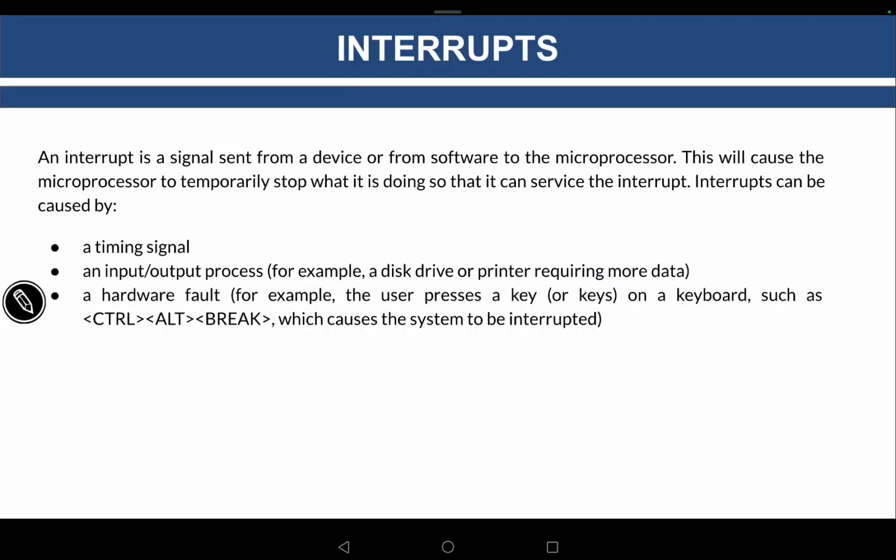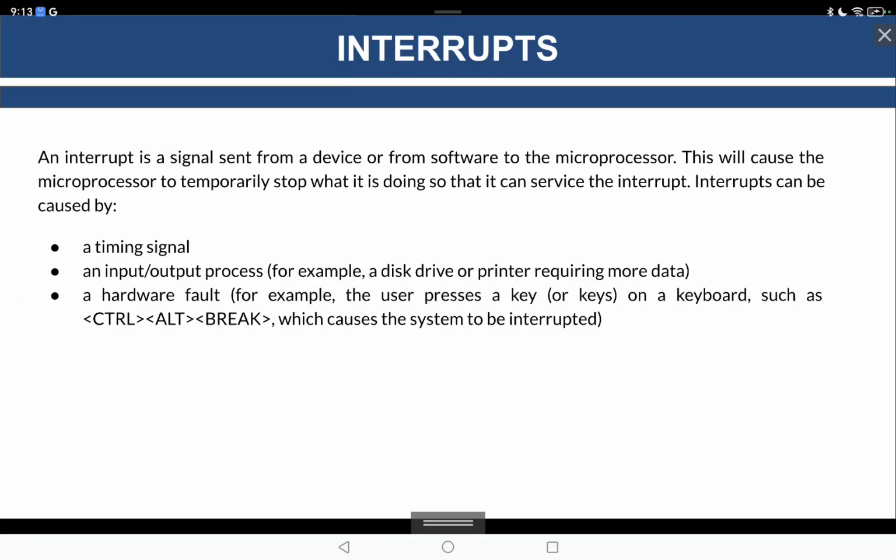Now let's move on to interrupt. So an interrupt is a signal that is sent either from a hardware or from a software to the CPU. Now, the purpose of this interrupt is to make sure that the CPU temporarily stops whatever it is doing so that it can deal with a more urgent process.